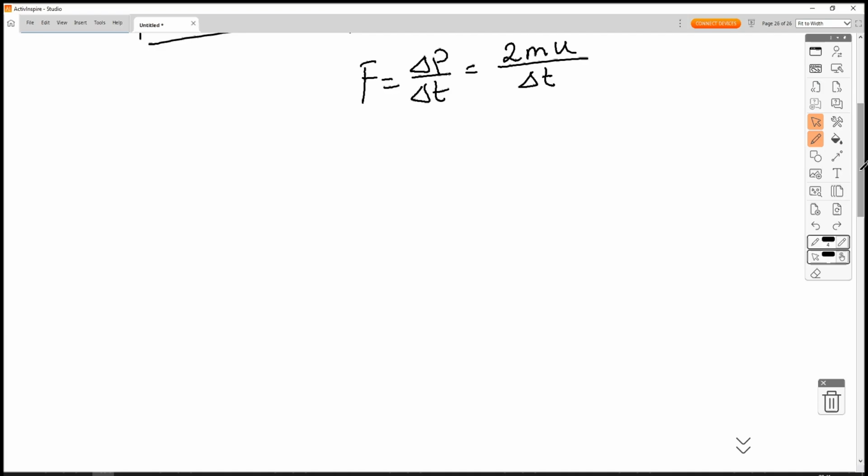Now, that's the force of one molecule. The force of all molecules hitting the wall would be N times that amount. So F total is equal to 2Nmu all over delta t.